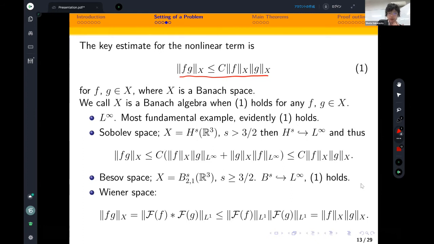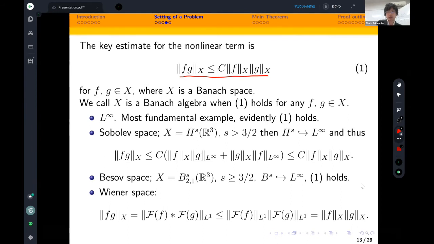And if this X satisfies this condition, we say X is a Banach algebra. I should remark that this definition or terminology is somehow a loose one, because researchers of operator algebra say X is a Banach algebra when capital C is exactly 1.